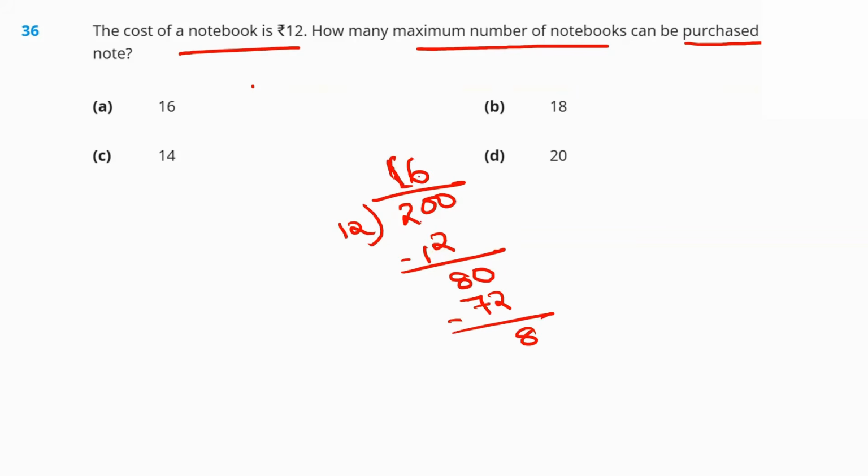Again, 8 remaining. So it would continue, 16 point something. Obviously, you cannot purchase in fractions. So 16 whole notebooks can be purchased. That's the answer.